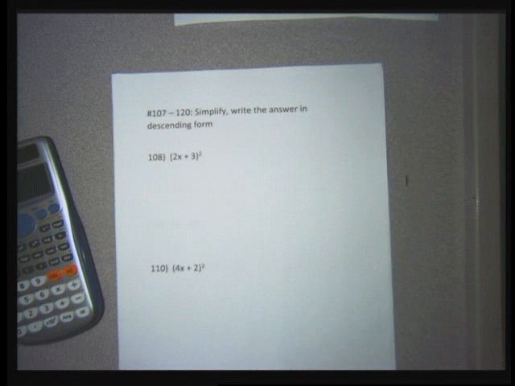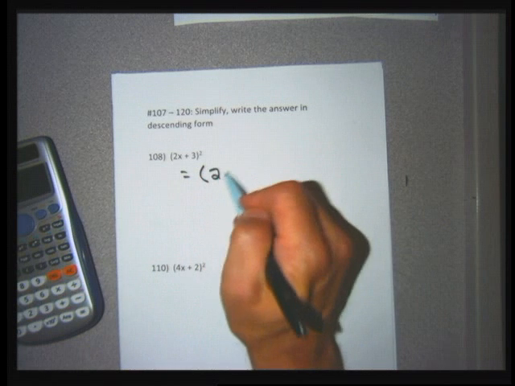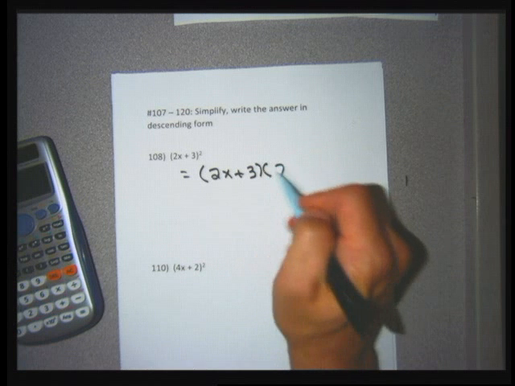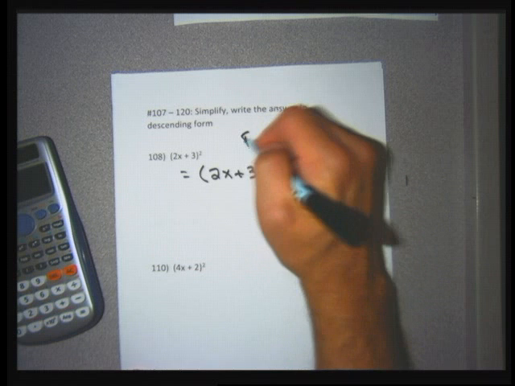107 to 120 look like you can just do the firsts and the lasts, but anytime a binomial is written with a plus, with a square, you need to rewrite it without the square, because anything squared means to multiply that by itself. And these are FOIL problems in disguise.